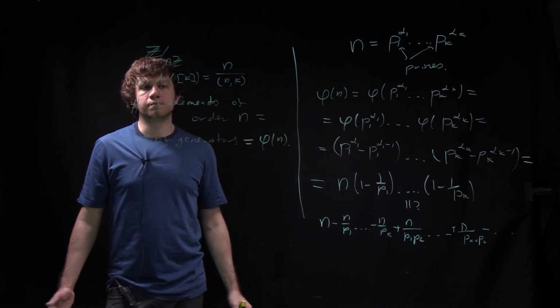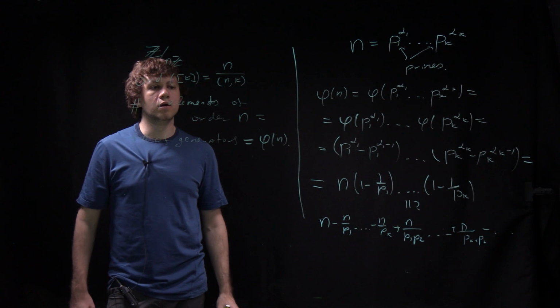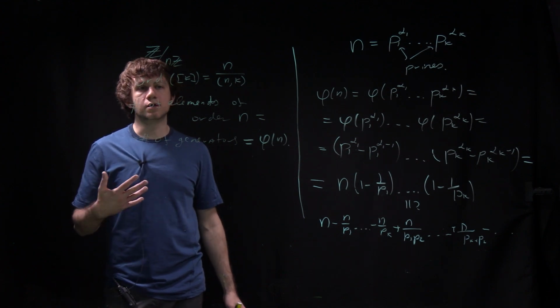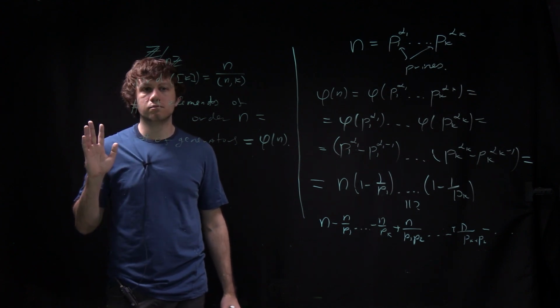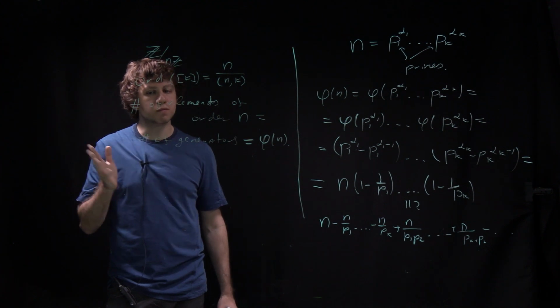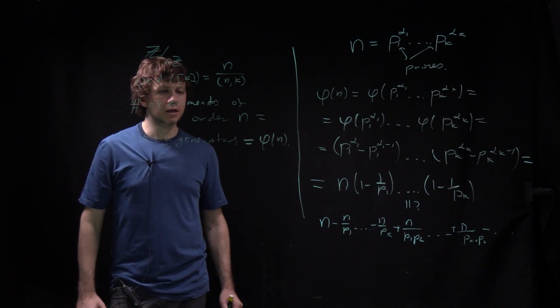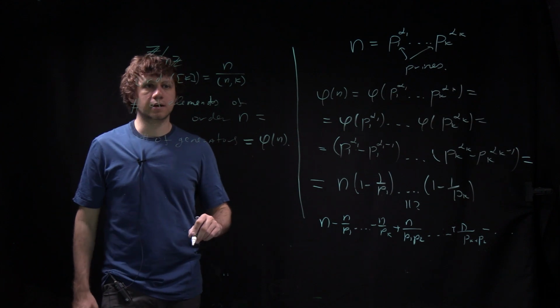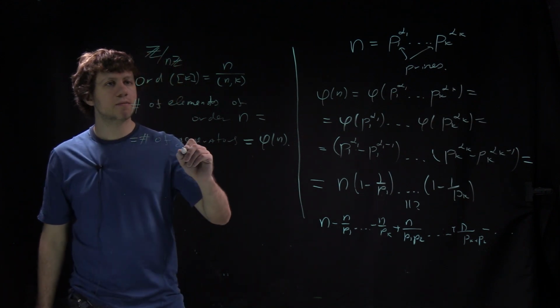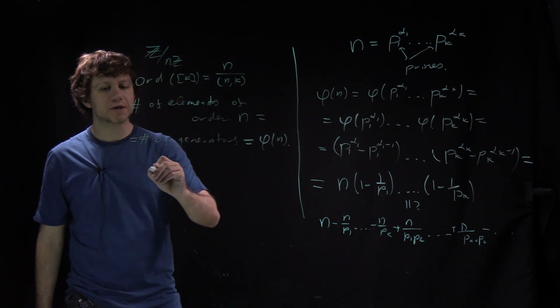Okay, so you can look at the number of elements of order smaller than that. So let's see. What is the number of elements of order d?